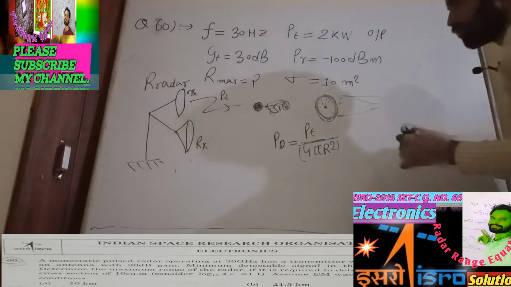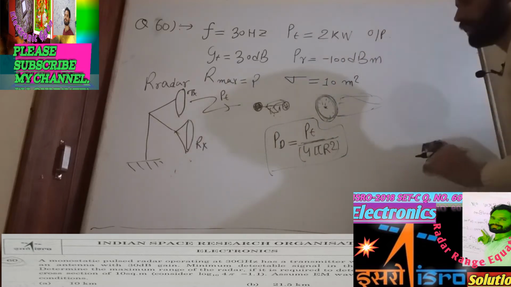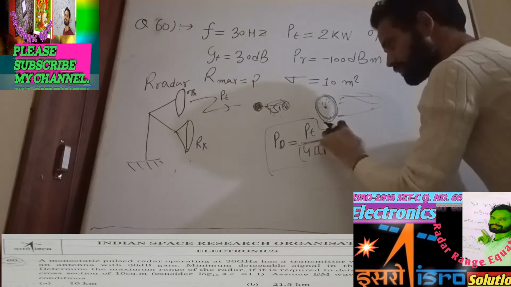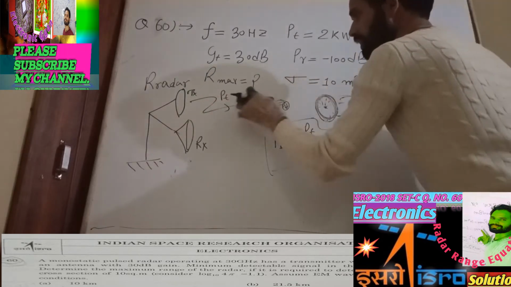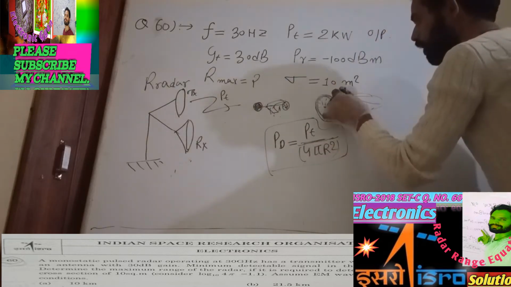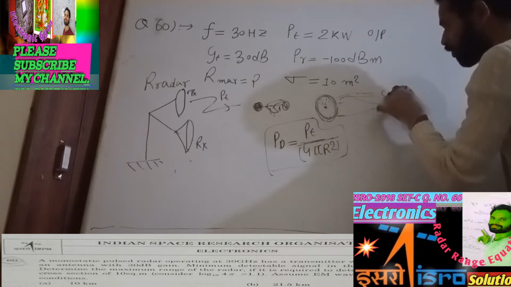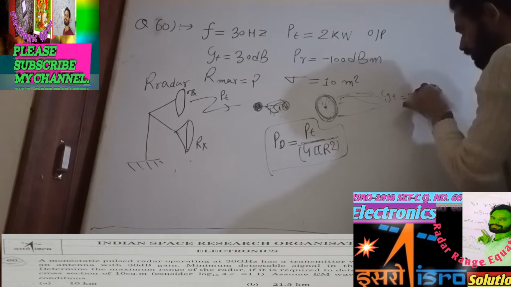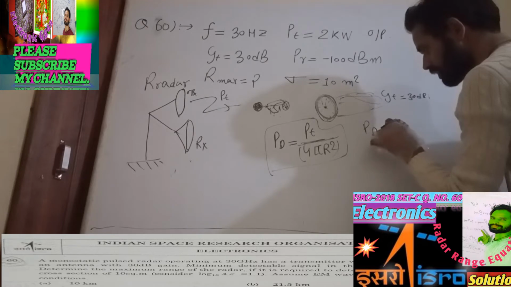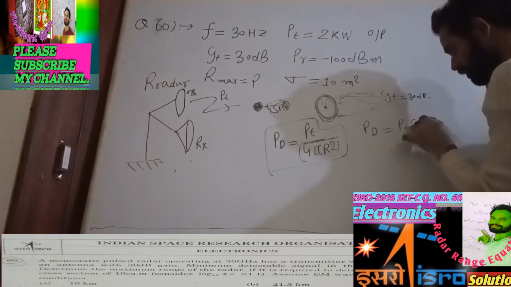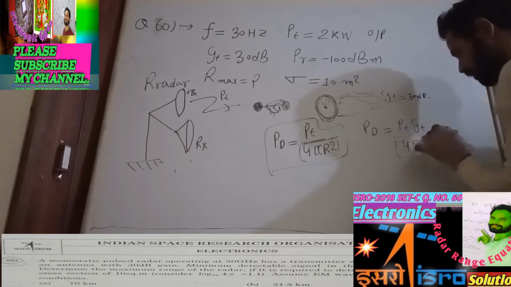Also, the transmitting antenna is radiating the power in some particular direction with a gain of 30 dB. Therefore, the power density is equal to PT GT divided by 4 pi r square.